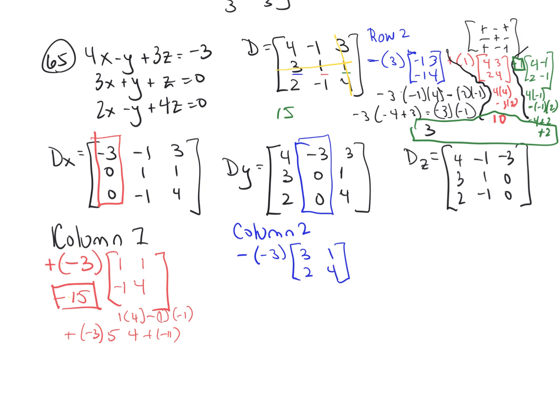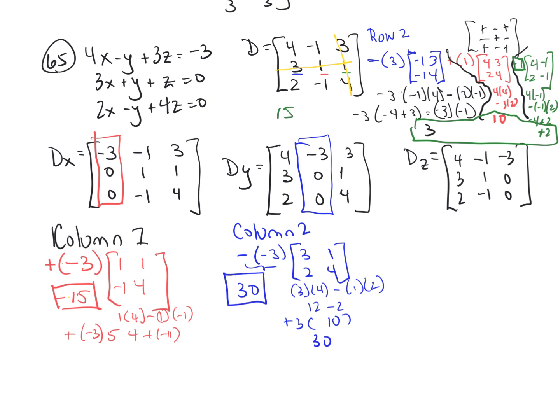And I have zeros everywhere else, so I just don't care. So 3 times 4 minus 1 times 2. 12 minus 2 is 10. And I have a negative negative 3, so positive 3 times 10 is 30.